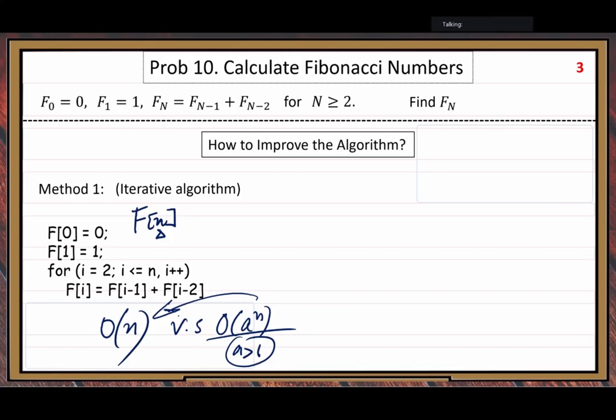At the same time, we remove the redundancy of the recursion, but we keep the power of recursion. How about that? That's the best scenario we can have, right? That's the method number 2.